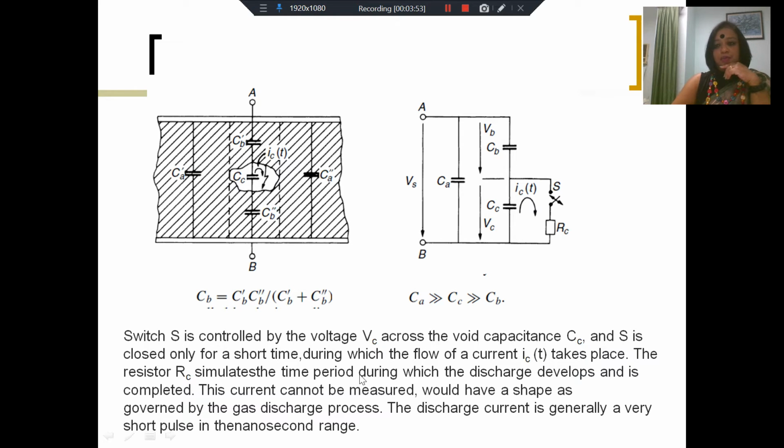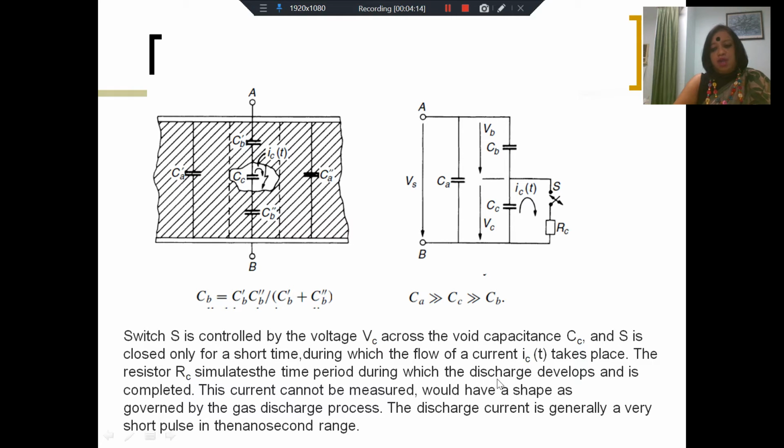This current cannot be measured because we do not have access to the points across this capacitor. We do not know where the void exists within the material. The void can be anywhere within the material, and we do not have access to the terminals of the void. So therefore, we cannot actually measure Ic. This is something that we need to understand.